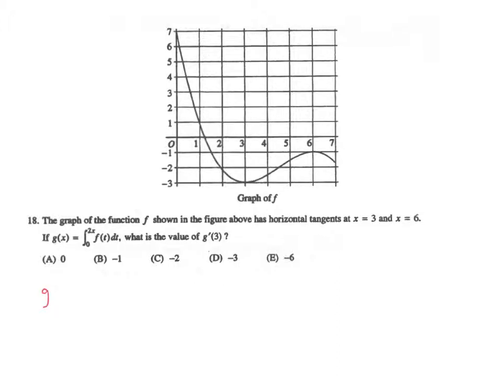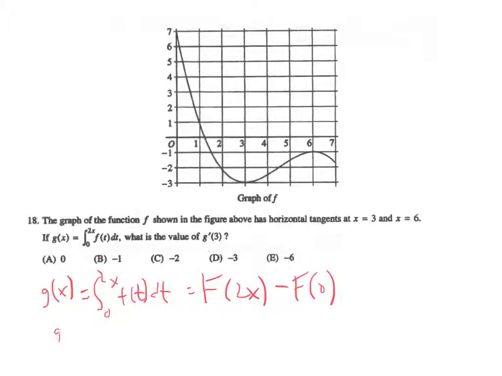So g of x is defined as the integral from 0 to 2x of f of t dt, which by the fundamental theorem is going to be big F of 2x minus big F of 0. So that means that g prime of x is going to equal 2 times little f of 2x, by the chain rule, minus 0.